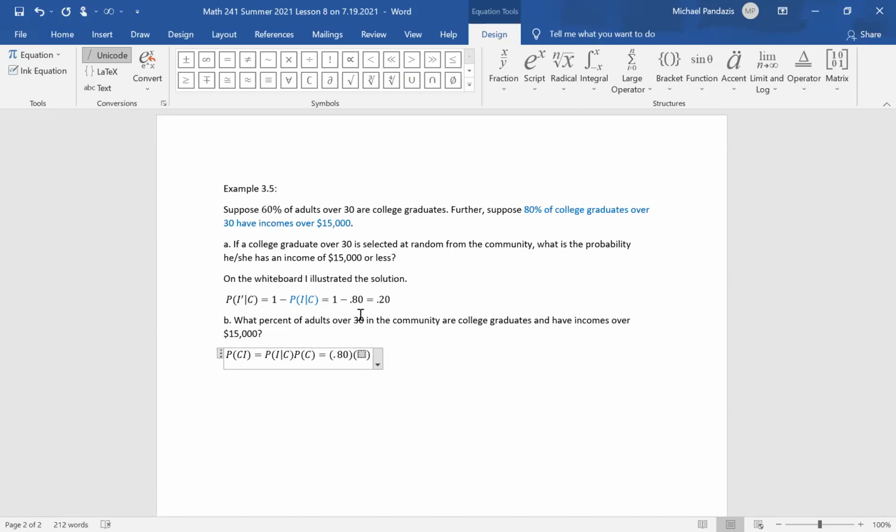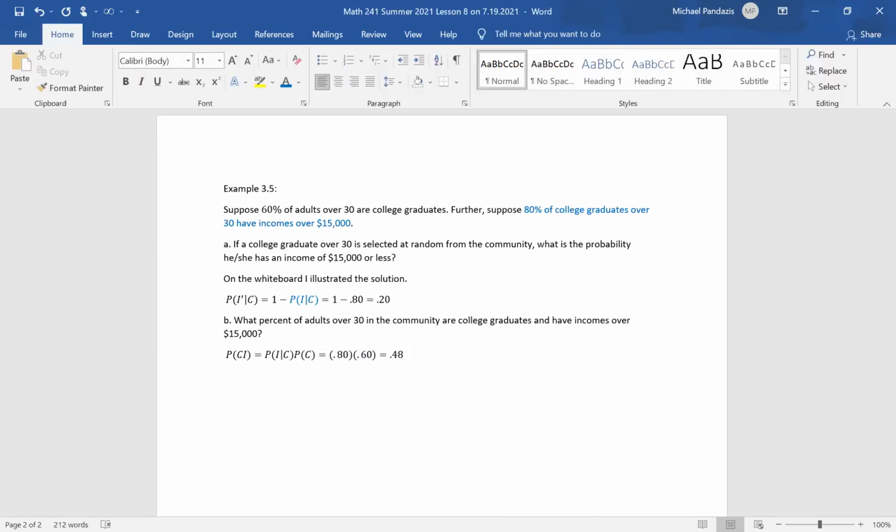And then the probability of C we know is 0.60, because 60% of adults over 30 are college graduates. That's the number I was looking at earlier. That's 0.48. So you multiply these two probabilities to get that one in B. Okay, good. So that's example 3.5.